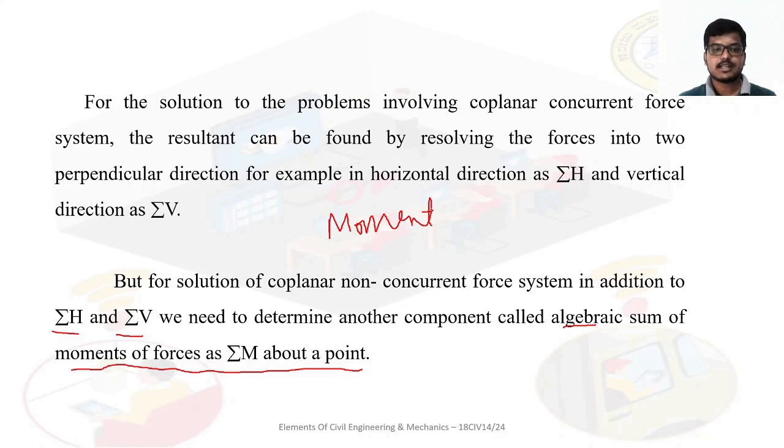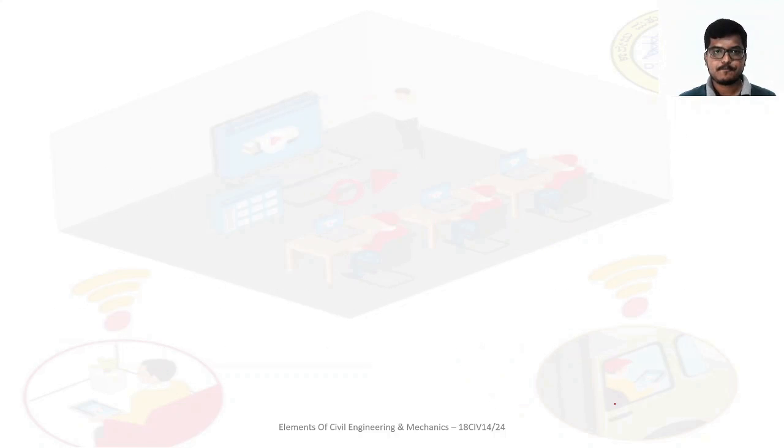So for coplanar non-concurrent forces, we find the sum of the forces in the horizontal direction, the sum of the forces in the vertical direction, and also the algebraic sum of the moments of the forces about a point.